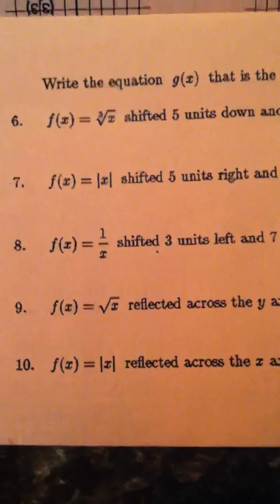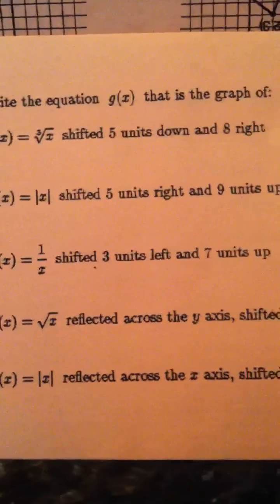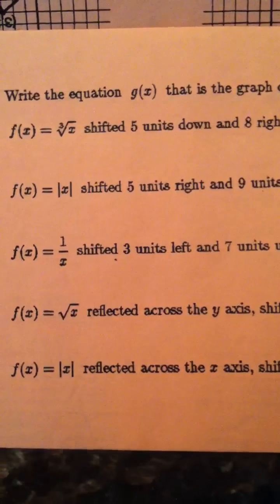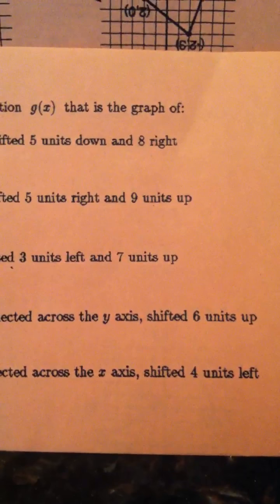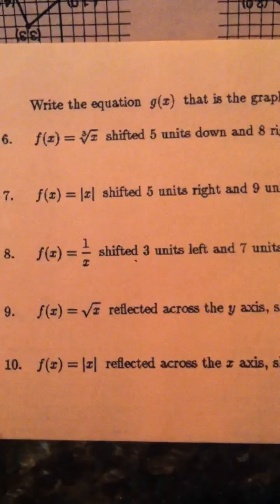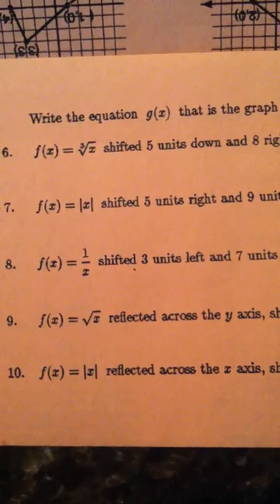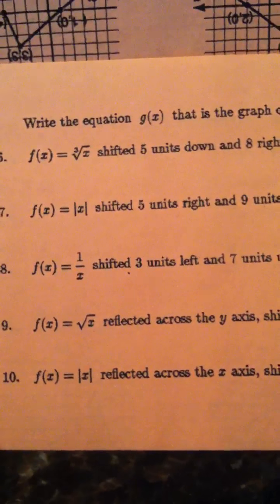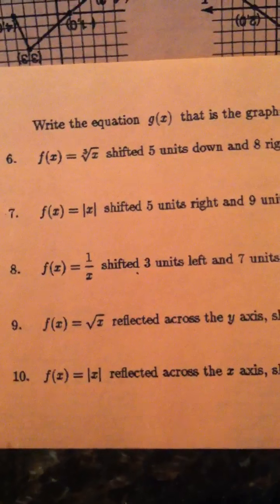And my final question, at least for the first 10 on supplement D. You're given the function f of x equals the absolute value of x. You're reflecting it across the x-axis, and then you're shifting it 4 to the left. Okay, let's think about the reflection. If I had a point in quadrant 1, and I reflected it across the x-axis, picture yourself going from quadrant 1, and the reflection would take you down to quadrant 4.